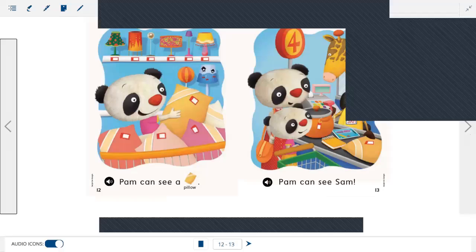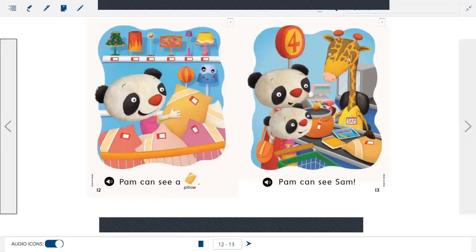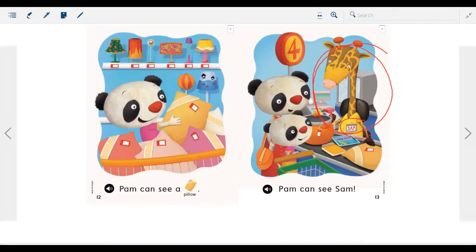Here's Sam the giraffe, and we can see his name right here. We're on page 13. So remember the prompt. The prompt asked, how is the register a handy tool for Sam? So here's a register. Remember the story.